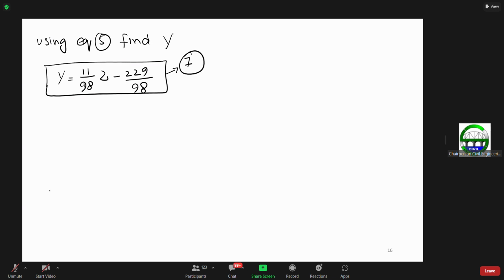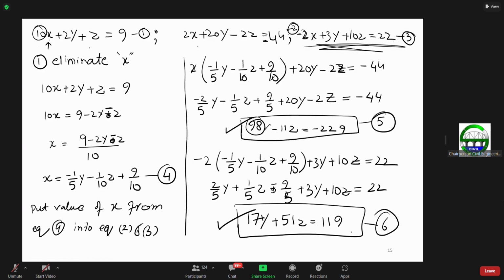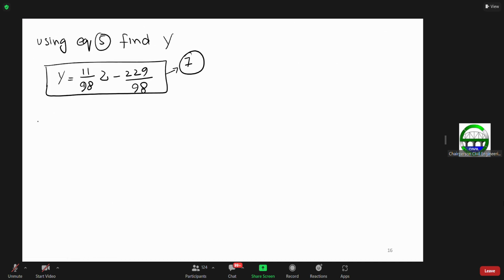So put the value of y in equation number 6. Put y from equation 7 into 6, right?